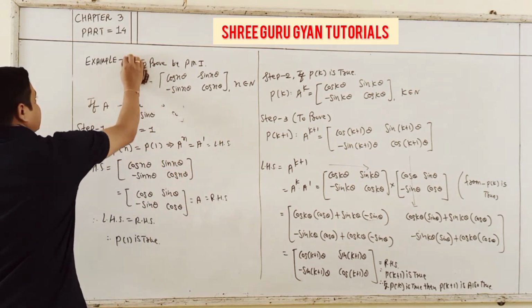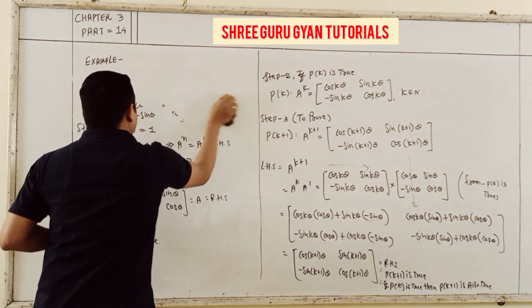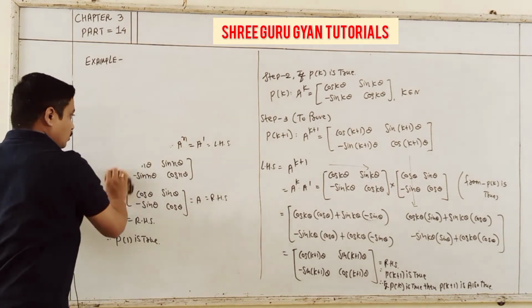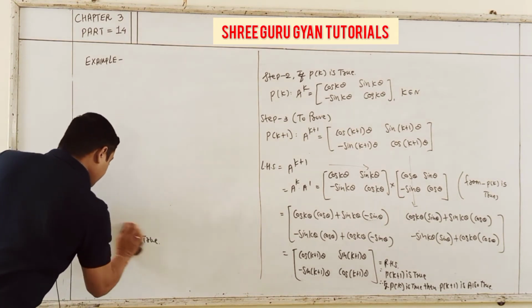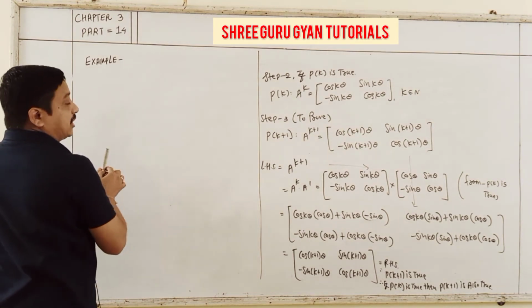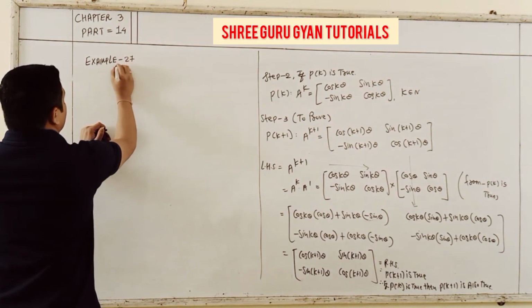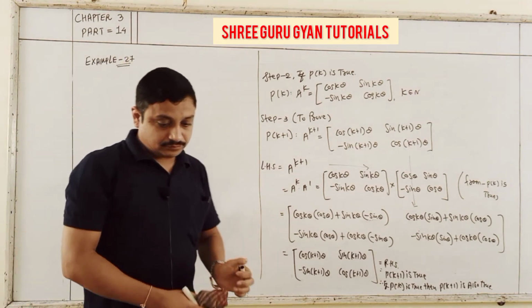Now continue. Example 27. Very easy and interesting numerical. 27.